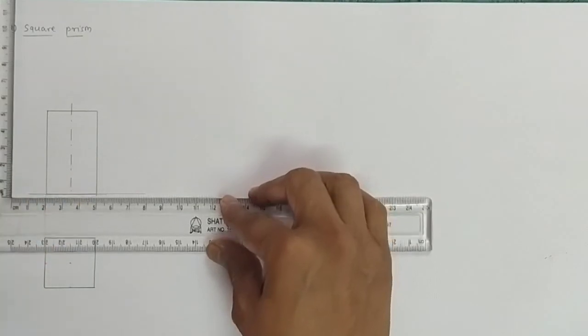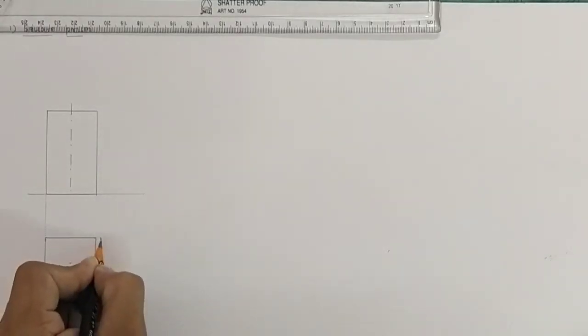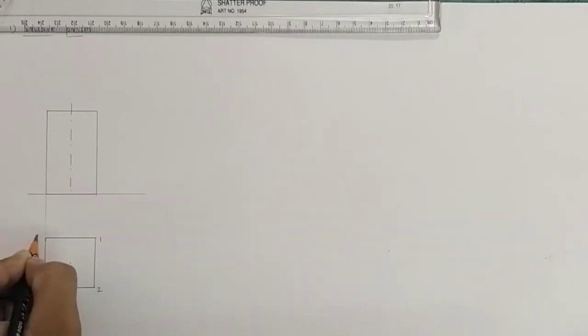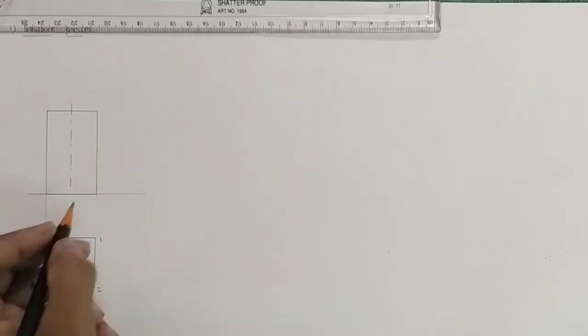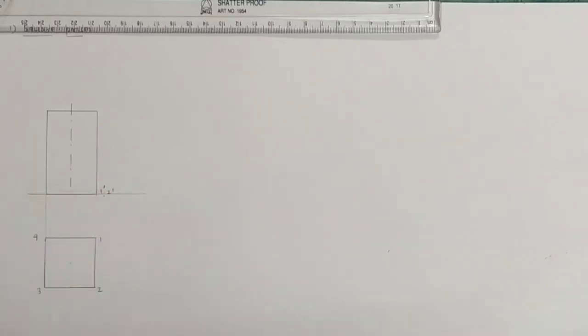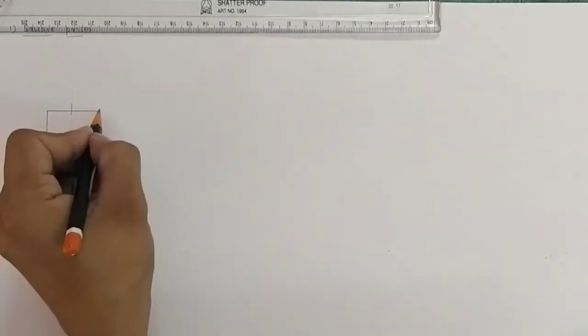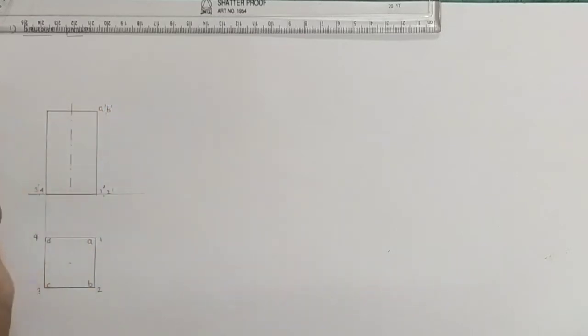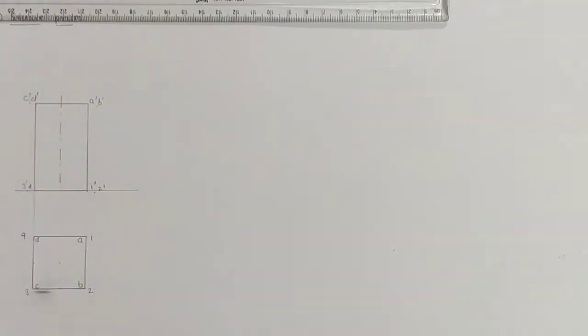How to give the names and dimensions? Here there are two bases, top and bottom. Starting with the bottom, like 1, 2, 3, 4, the bottom face is represented by 1 dash, 2 dash, 3 dash, 4 dash, and the top is represented by A, B, C, D. So these are the names.